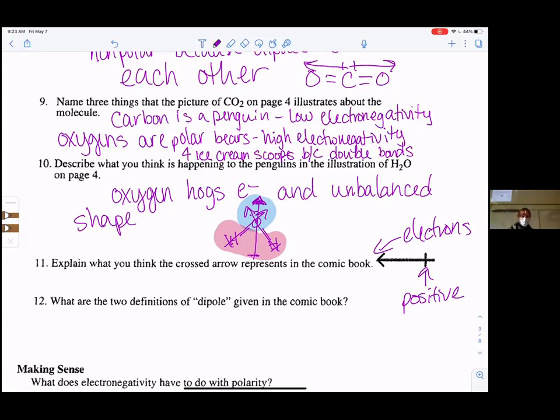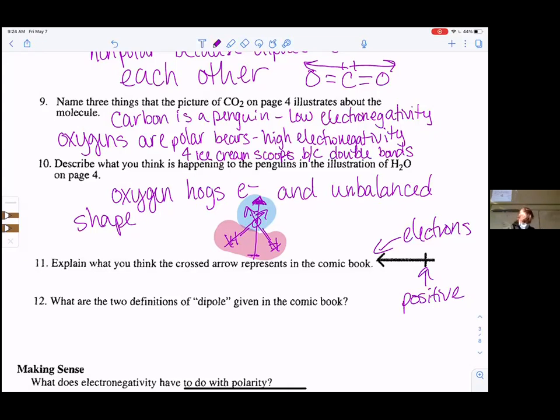And then 2 definitions of dipole given in the comic book. I don't know this one off the top of my head. It refers to the polarity of an individual polar bond between atoms and the net polarity of the polar molecule. And yeah, okay, that makes sense.